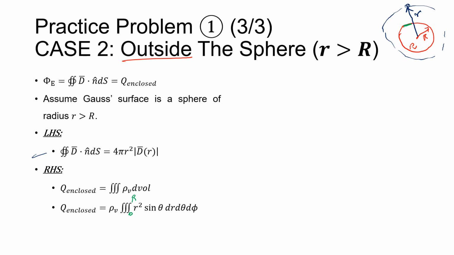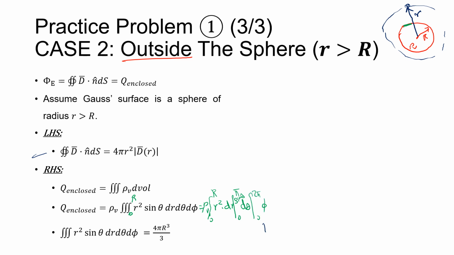In other words, to get this result, you need to integrate this rho v. You have the integration 0 to capital R, r squared dr, integration from 0 to pi d theta, of course we have sine theta here, and integration from 0 to 2 pi of d phi.